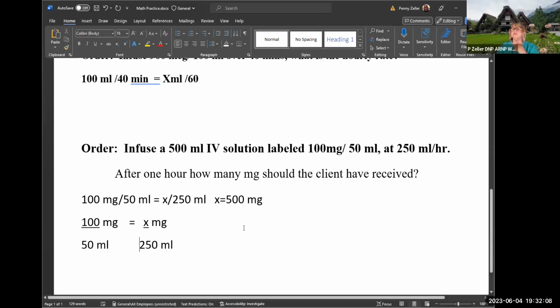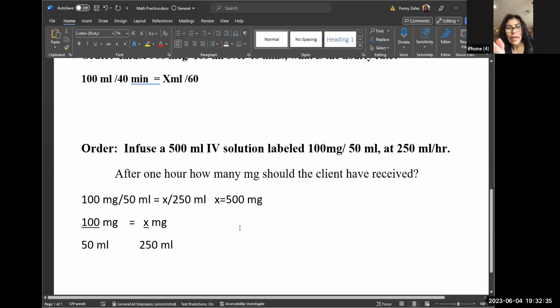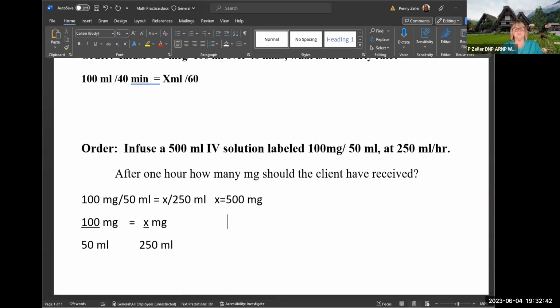You're going to cross multiply in this one. So 100 times 250 is 25,000, isn't it? Or 2,500. You said 250. Okay, you multiply the 100 by 250, and then you divide by 50. Yes.